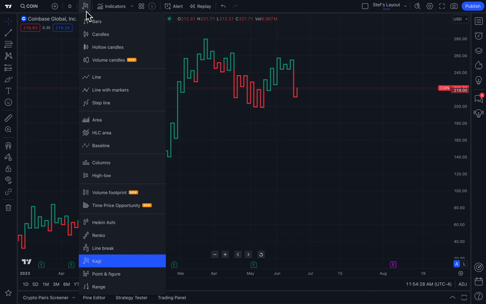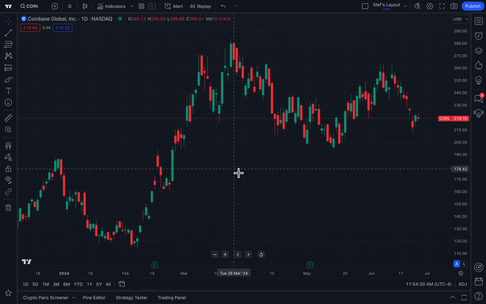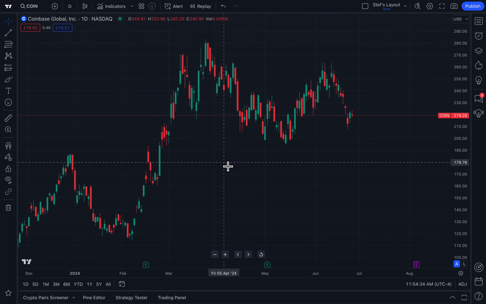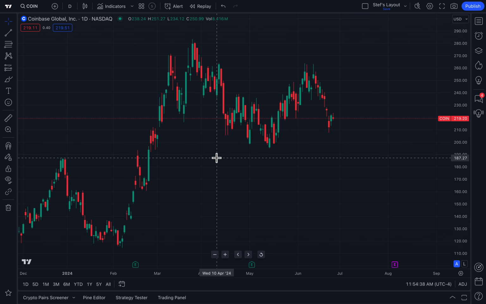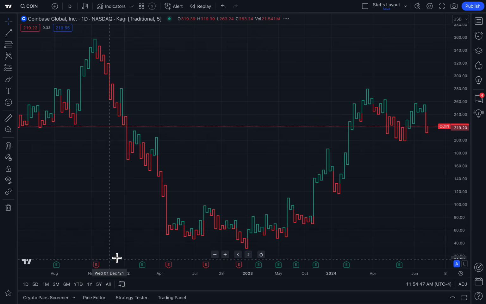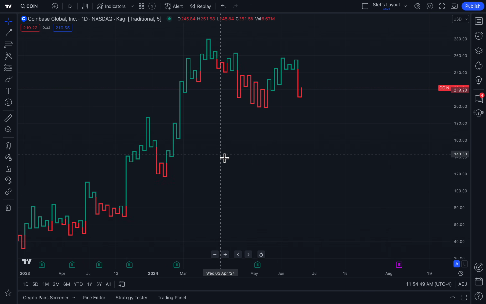So now watch what happens when we switch to a candlestick and look at the abundance of information. You can just see how much information is happening on this candlestick chart, and it might even appear to confuse you a little bit, perhaps even scare some traders. The question you have to ask is, is this price maybe a little noisy? Or by going to Kagi, does it make it a little smoother?